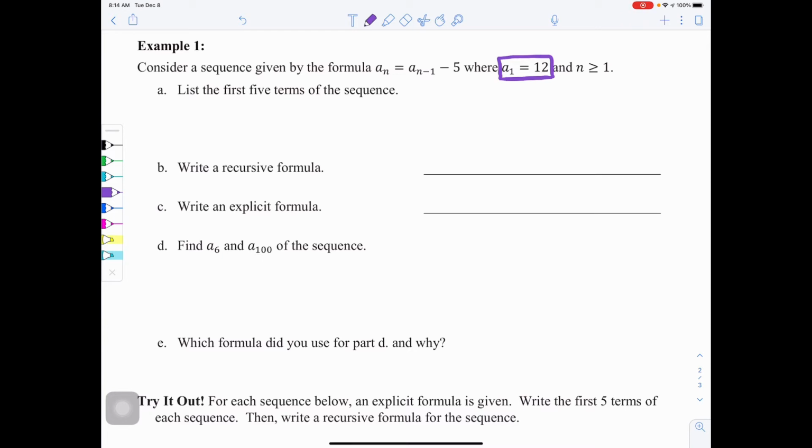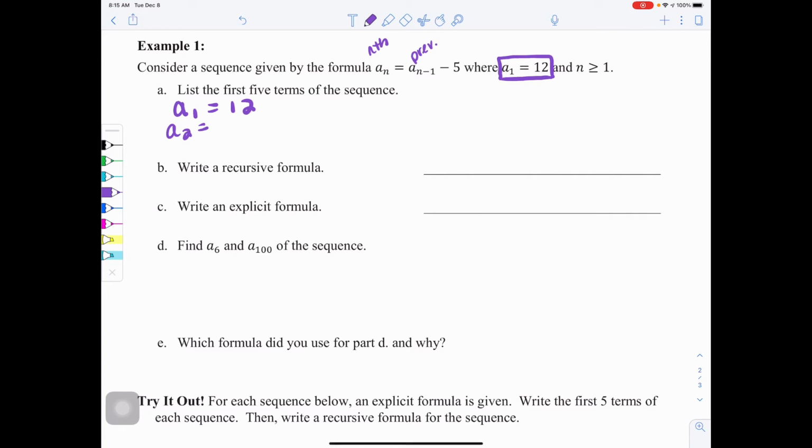So our sequence again is a sub n equals a sub n minus 1 minus 5. So remember, that's the nth term is the previous term minus 5. That's the common difference. So our first term is 12. They told us that. In order to get the second term, remember what that means.